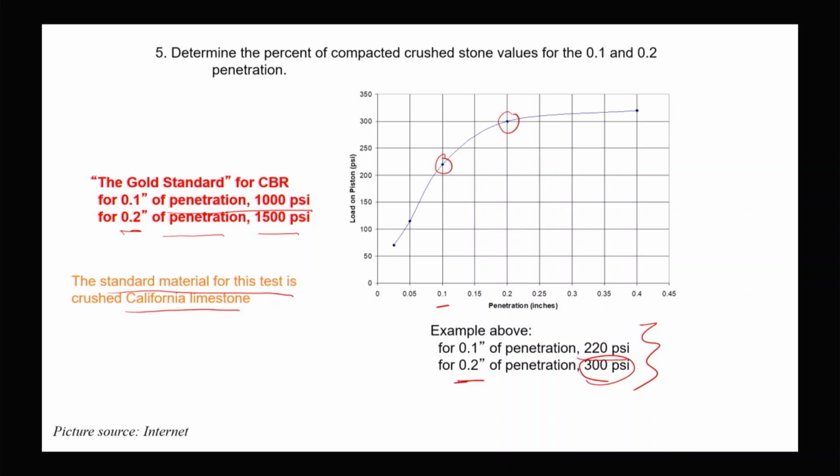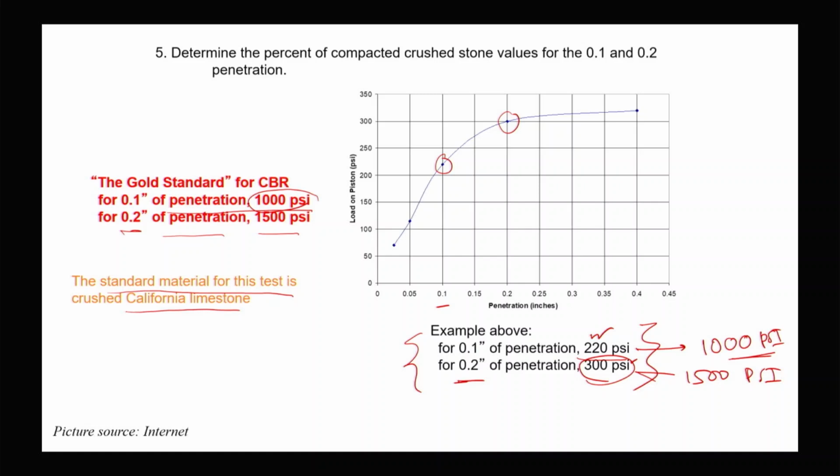Now for the standard limestone, 1000 psi pressure was recorded, and here 1500 psi pressure was recorded, but in our sample soil we required very low pressure. That means the soil is much softer than the standard value.